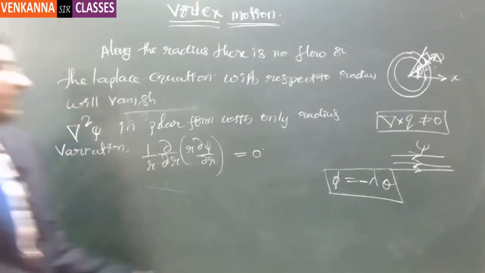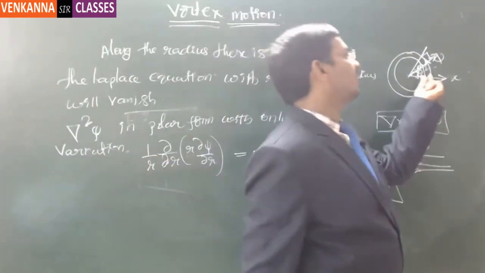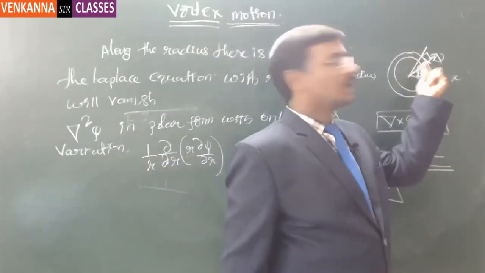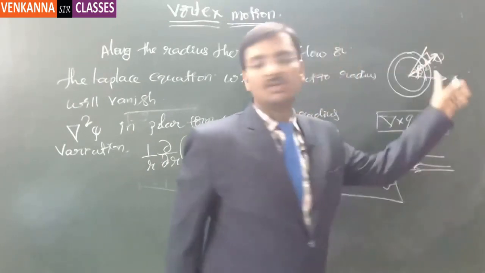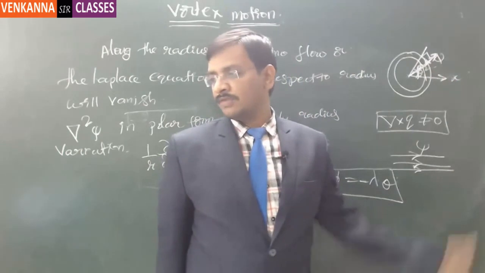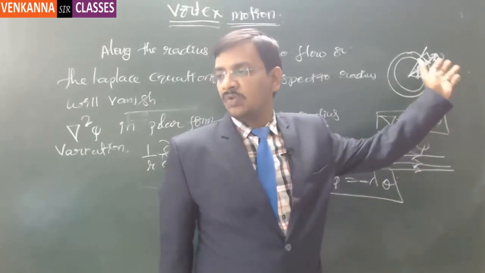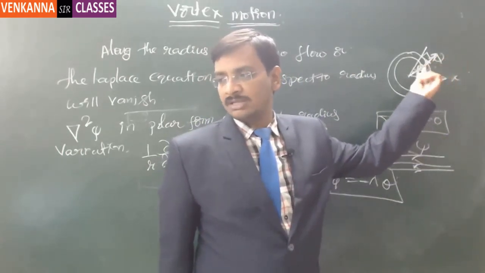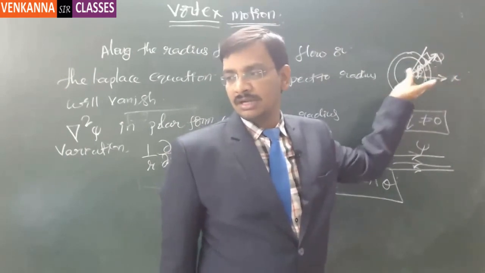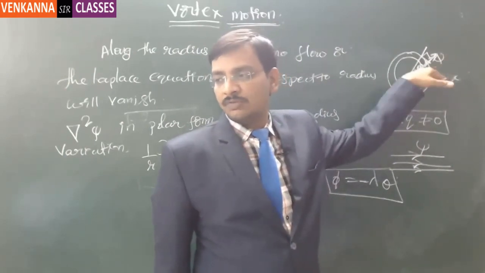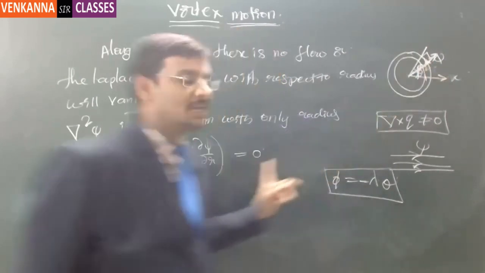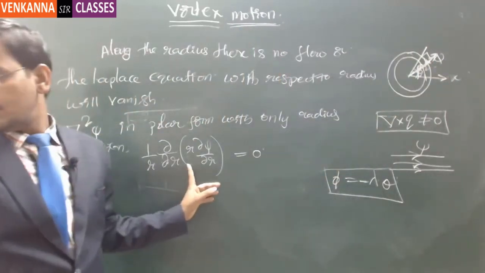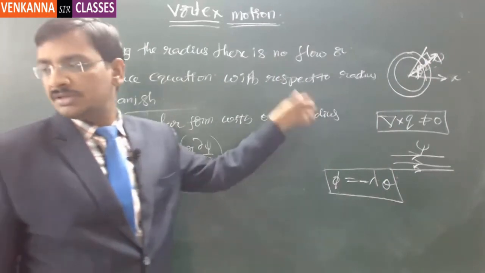If you notice here, the streamlines are only in the circular fashion. Now if I take with respect to the radius direction, is there a change in the value of psi? If you take along the radius direction, there won't be a change, because the radius is like this and the fluid flow is like this. So if you take the derivative with respect to r, it is definitely going to vanish, because the flow is in the circular direction.